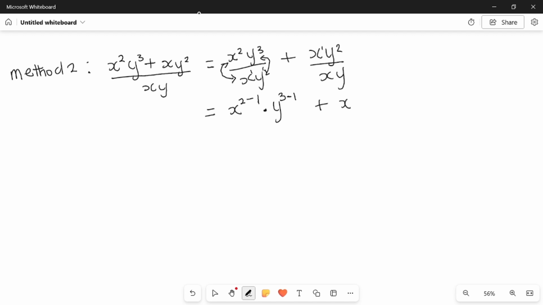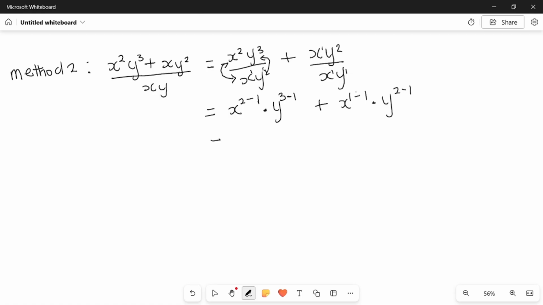X here is raised to the power 1, x here is raised to the power 1. So it will now be 1 minus 1. Y here is raised to the power 1, and they have similar base, y here, times y raised to the power 2 minus 1, right? That's 2 minus 1. So you see how simple this step is.